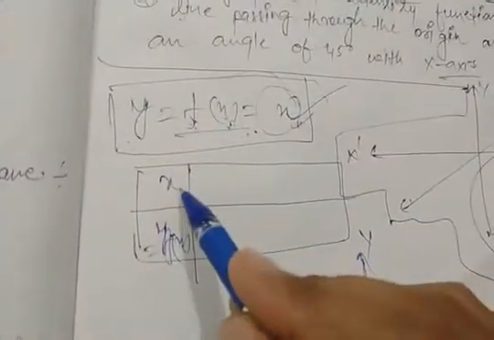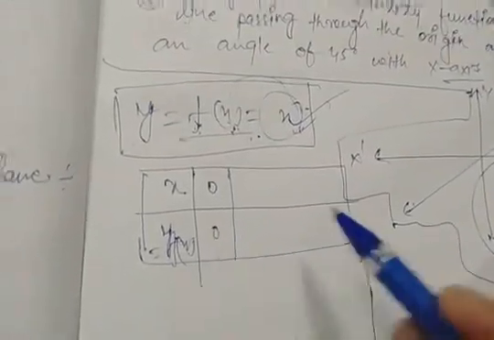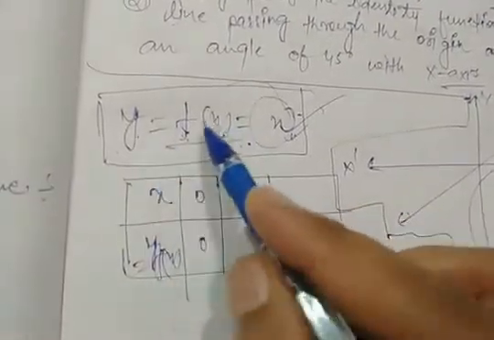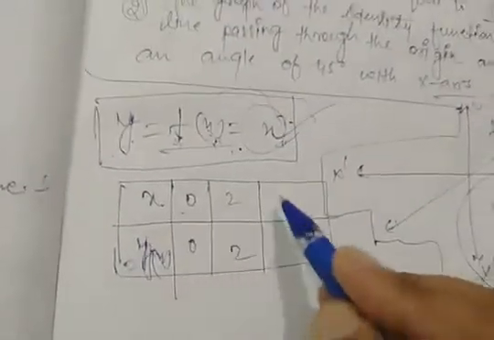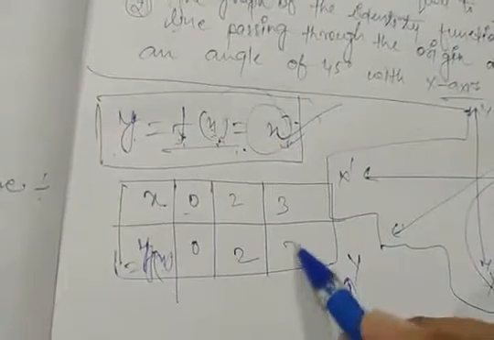Suppose we put x = 0 in that function, then we get y, that is f(x), also equal to 0. Suppose we put x = 2, then we also get y = 2. Suppose we put x = 3, we also get f(3) = 3.